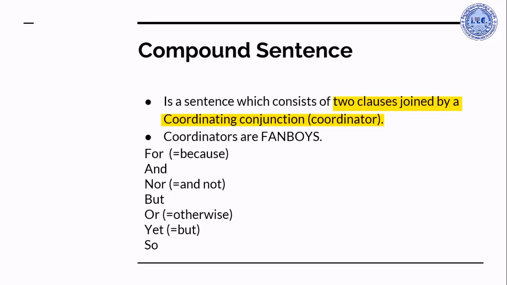For here doesn't mean I go to war for the country. In our case, it means because. And nor means and not, meaning that it is the negative of and. But or means otherwise.